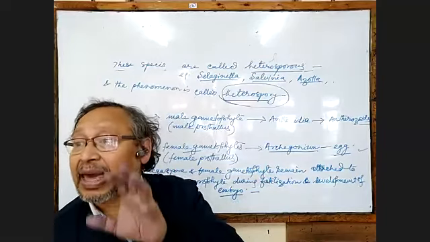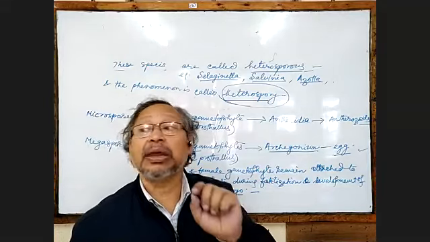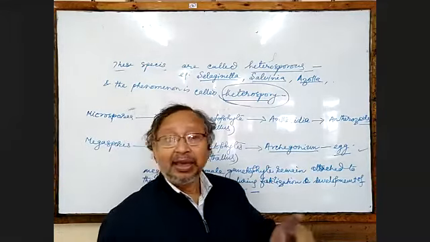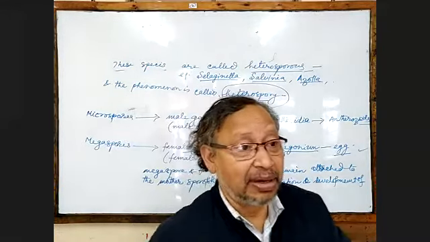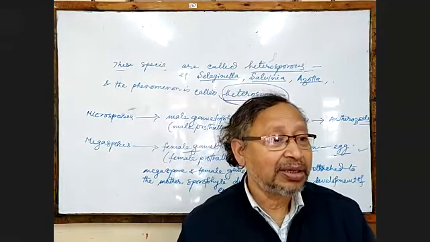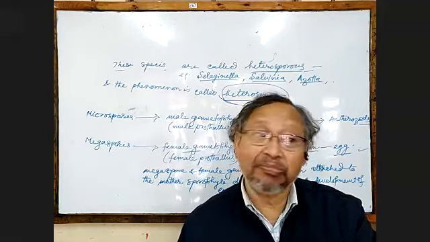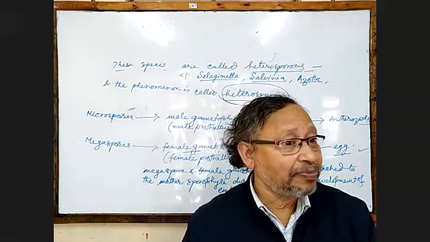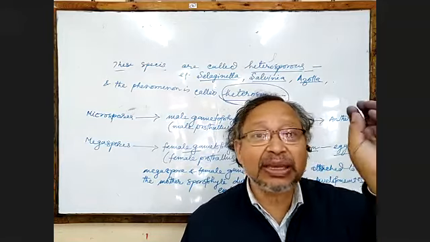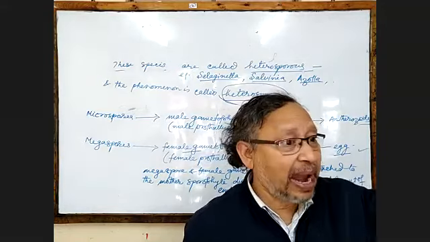This is a character which is required for the seed development. In higher plants, what happens in angiosperm, gymnosperm? Within the seed we find the embryo. Embryo has developed. During the formation of the seed and the fruit, still that is attached to the mother plant.